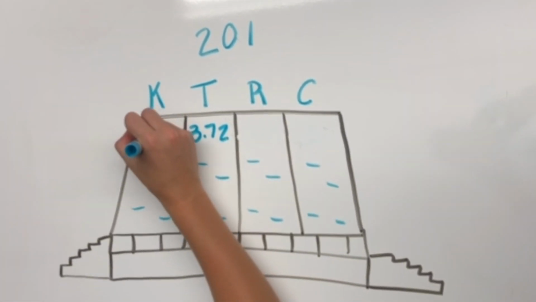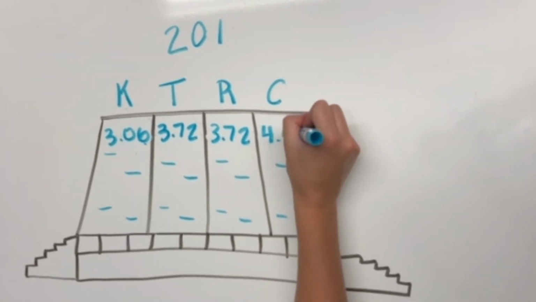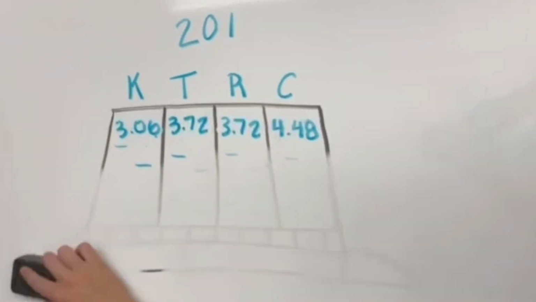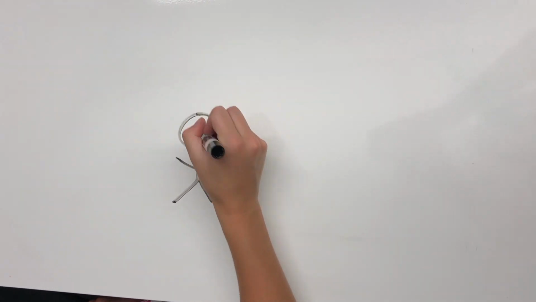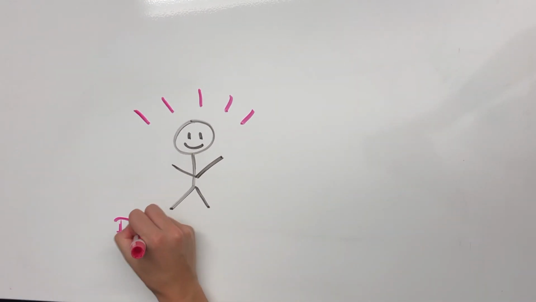Colby gets 3.06, Teresa gets 3.72, and Casey receives 4.48. Every single house loses points except for Colby. This one student took each of those points the other houses lost and gave them to Colby, which now has 3.06. Over time, through different events and multiple students, all these points add up and determine where each house stands.